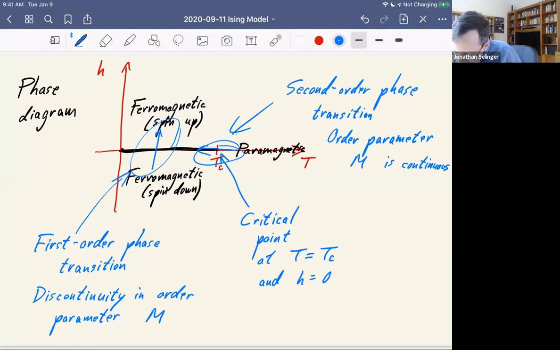And the derivative of the order parameter, that is dM/dT, is discontinuous.